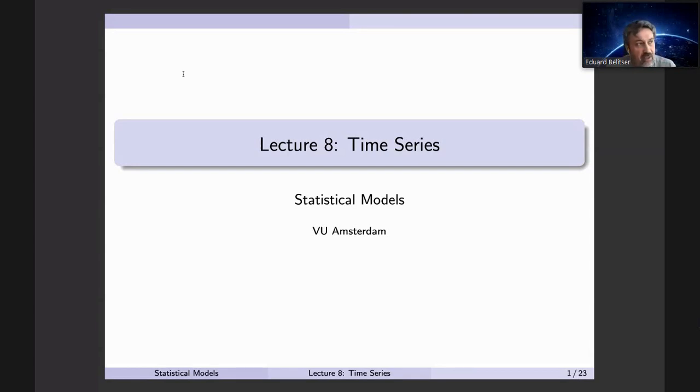Then we said, let's drop something from this. We dropped the linearity and allowed the function to be nonlinear. We also allowed that the error is not normal anymore. That was the second topic.